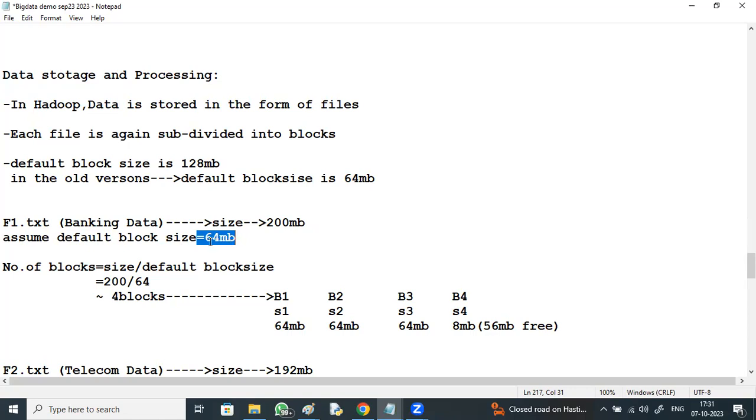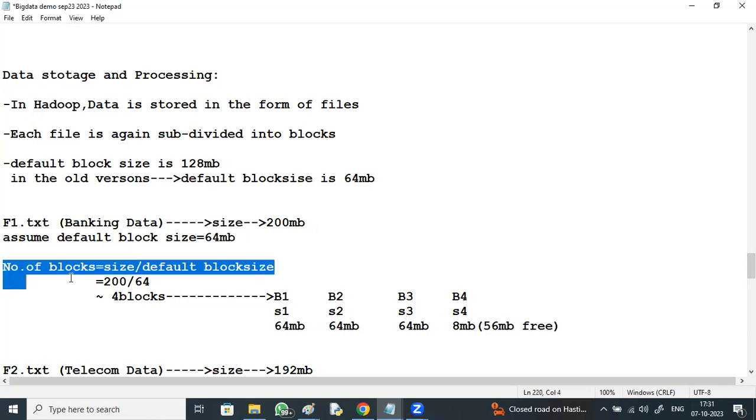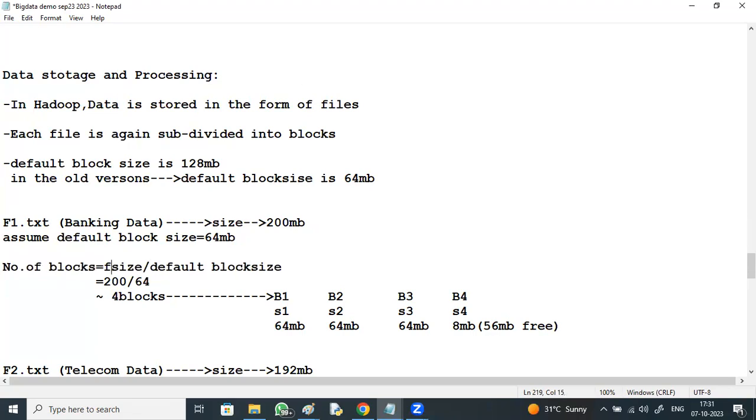How many blocks is the file divided into? File size divided by default block size. File size is 200, default block size 64. So what you get is 4 blocks.